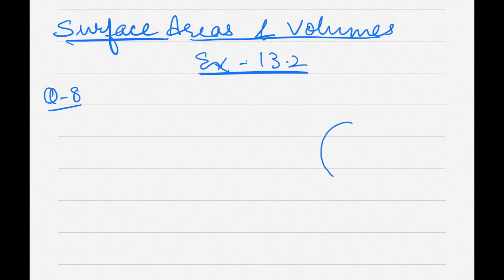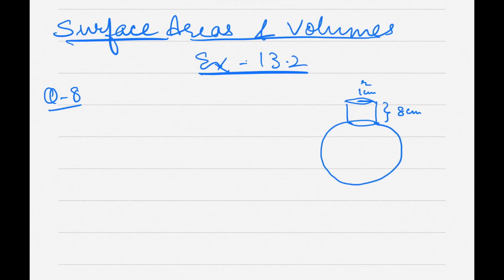Okay, let's see. So now this is a spherical jar and this has a cylindrical neck. So cylindrical neck of 8 centimeter long. So this is equal to 8 centimeter long, and diameter is 2 centimeters, so I can take the radius this as 1 centimeter radius.